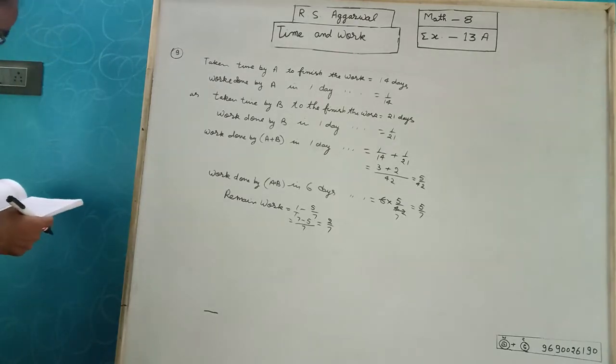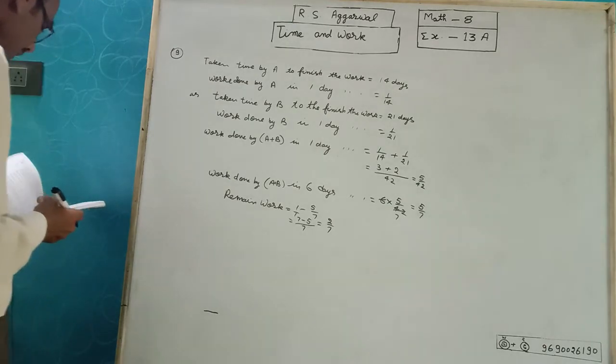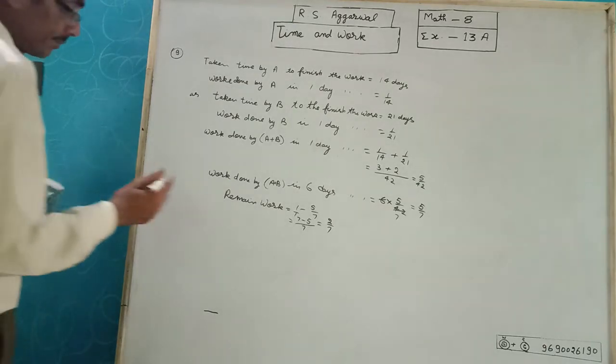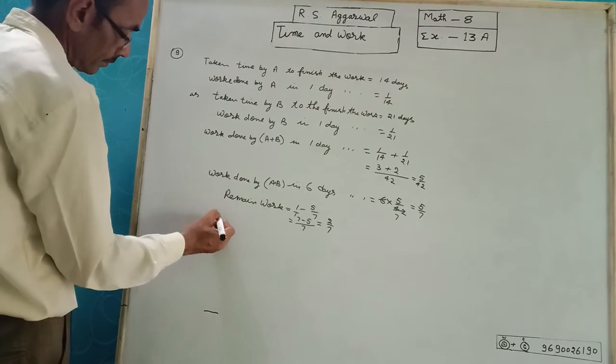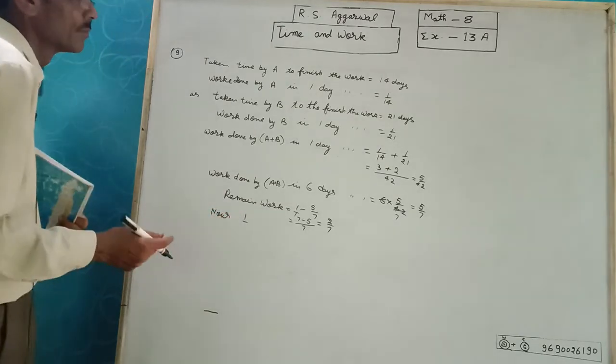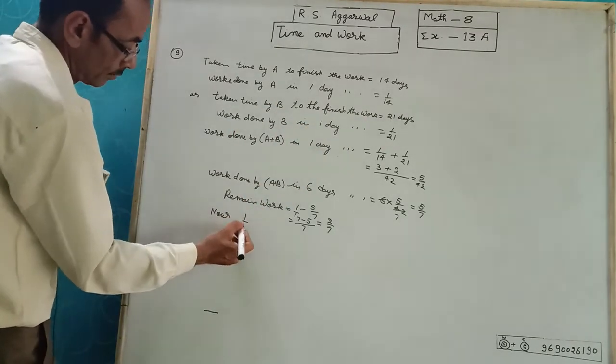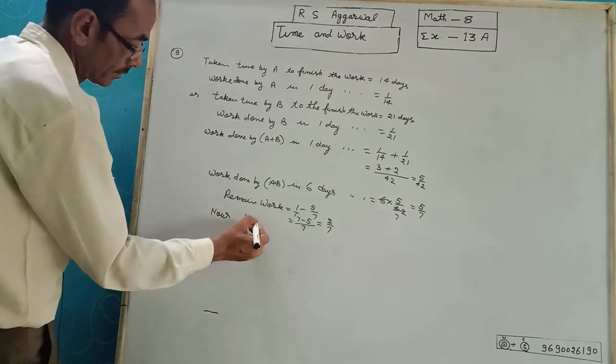Then A fell ill, and B had to complete the remaining work. Now B's work in 1 day is 1/21.